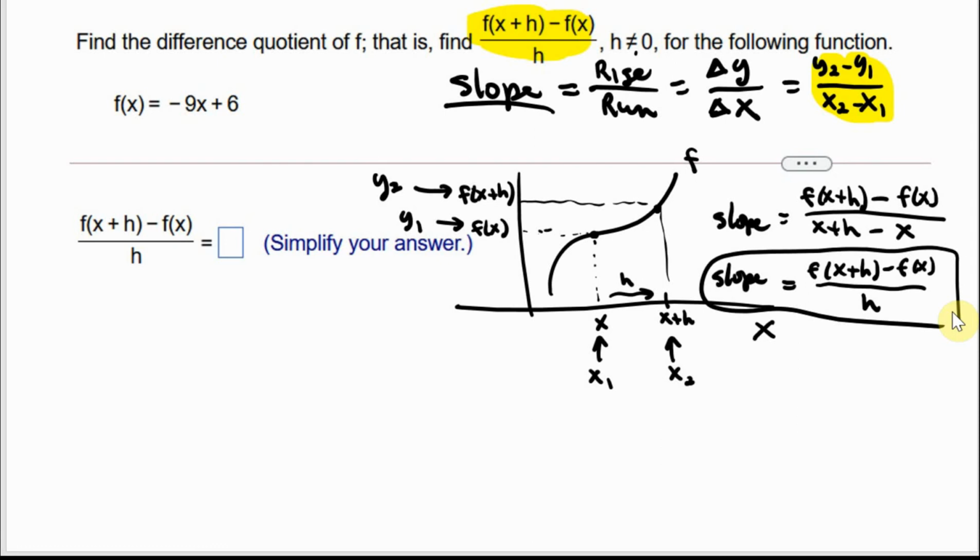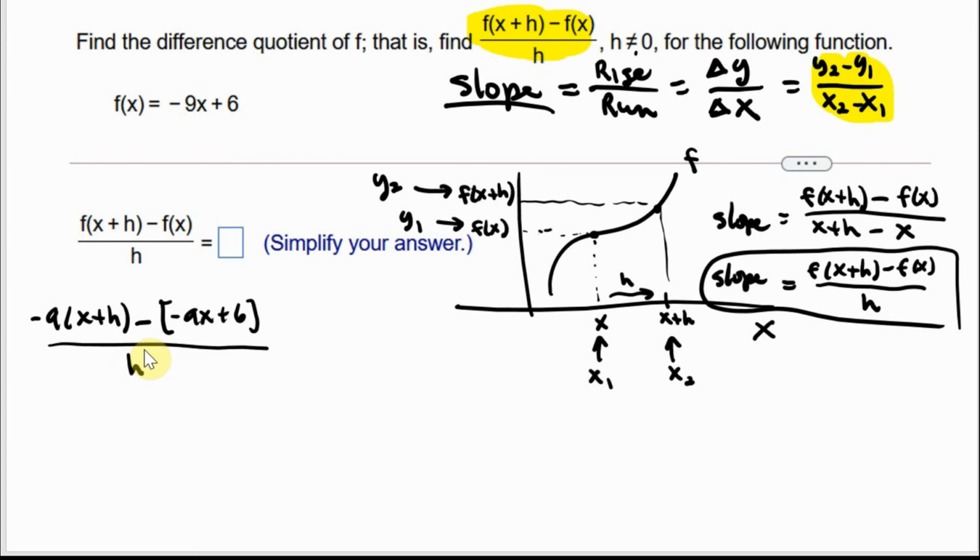Okay. So, this f of x plus h, basically that says when I see x, I'm going to replace x with x plus h. So this is negative 9 times parentheses x plus h minus f of x. I'm going to put that in brackets. F of x is negative 9x plus 6 all over h.